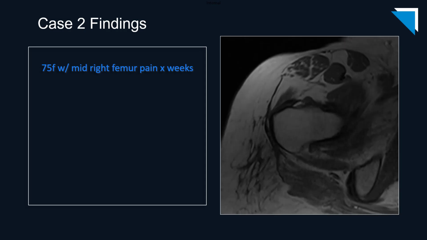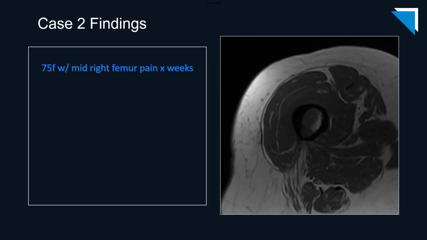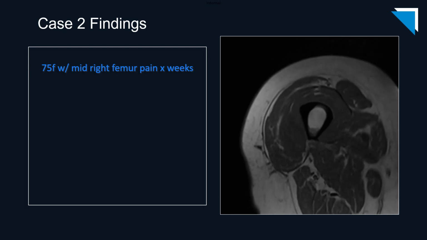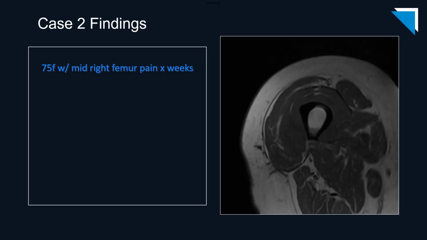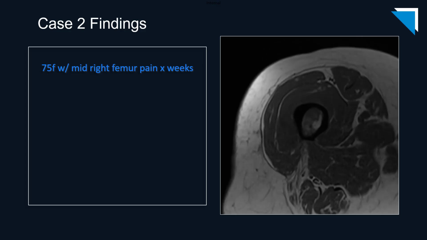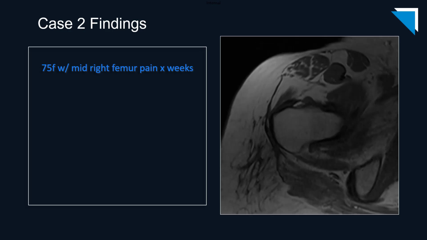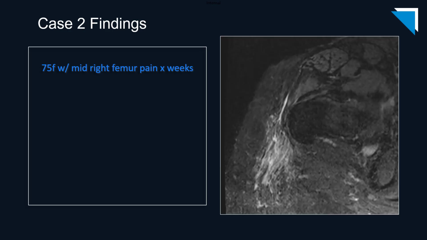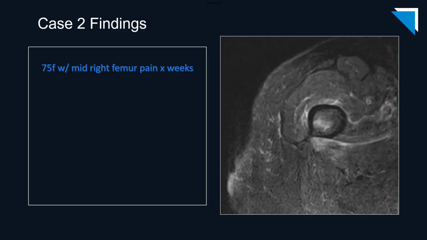And now let's scroll through the subsequent axial T1 weighted images of the right femur. The axial fluid sensitive sequence from the same study.